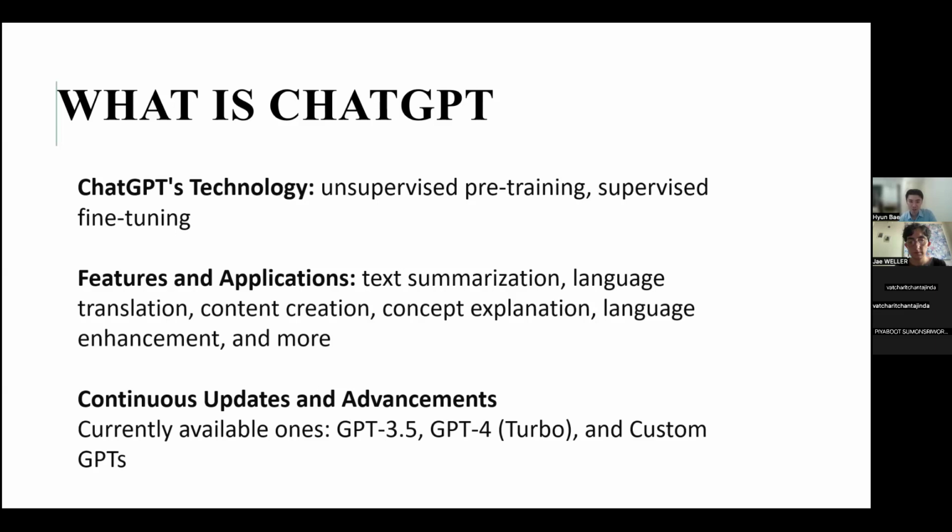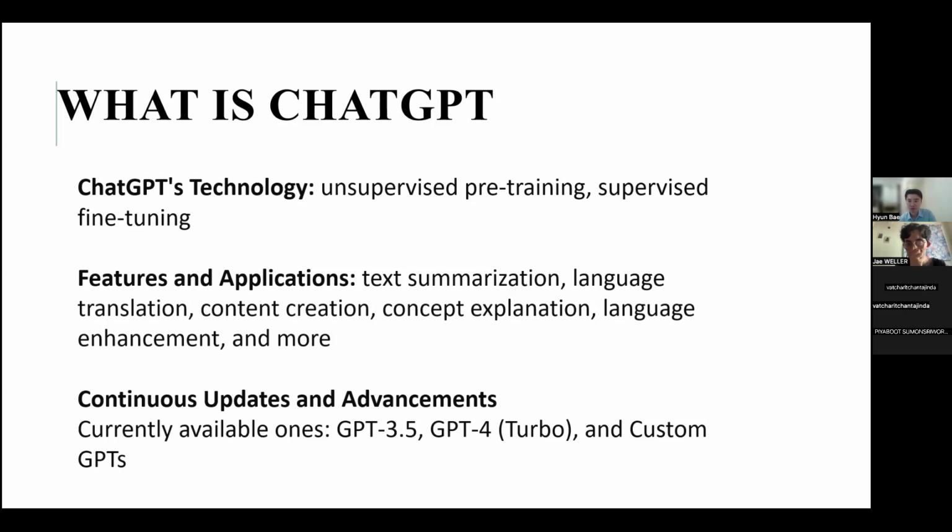About features and applications, it supports a variety of tasks, including text summarization, language translation, content creation, concept explanation, language enhancement, and much more. And it can be helpful in brainstorming ideas for various projects, including research. And it can recommend books, movies, create lesson plans, provide detailed analysis on a range of topics.